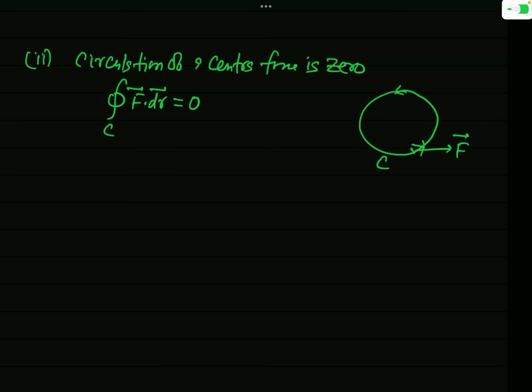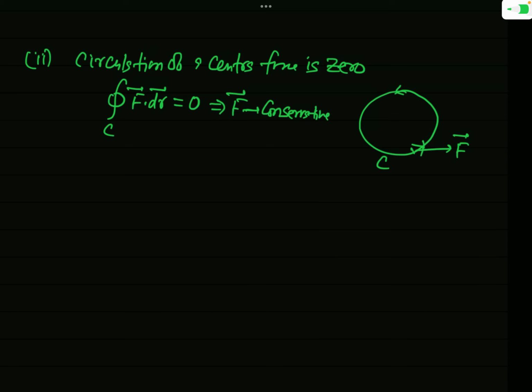And you know that if circulation of any vector field is 0, then that vector field is called irrotational, or that is also called a conservative vector field. So this result also shows that F is conservative.